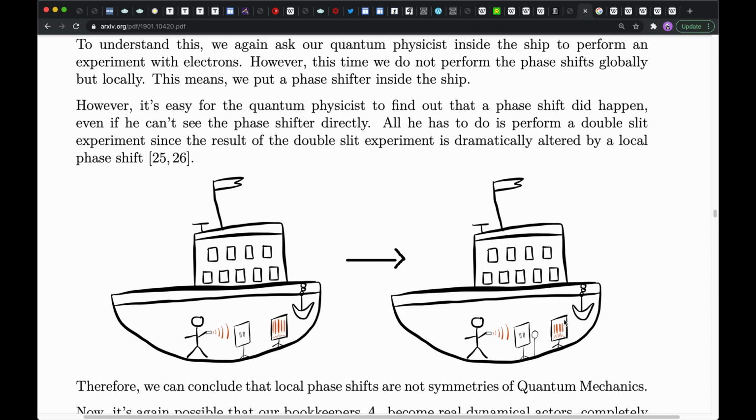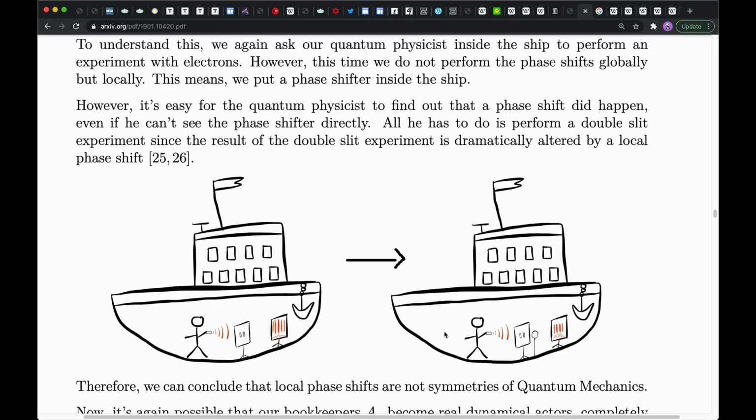On the picture at the right, we see some mechanism which shifts the phase of our wave packets, and therefore we have a differing interference picture on the screen, and it will be observable for the physicist.